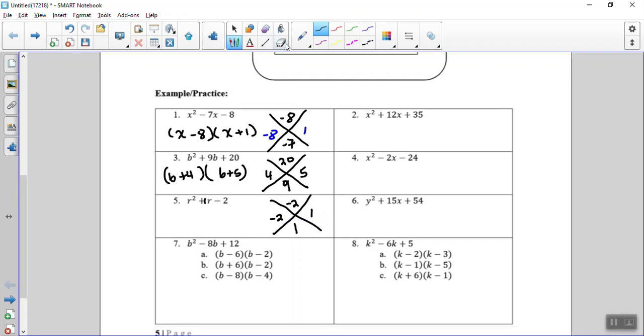So let me change the sign here. What about positive 2 times negative 1? I'll still get negative 2 here, and then 2 minus 1 is 1. So those are my numbers. I'm going to write my parentheses, r add 2, and then r minus 1.